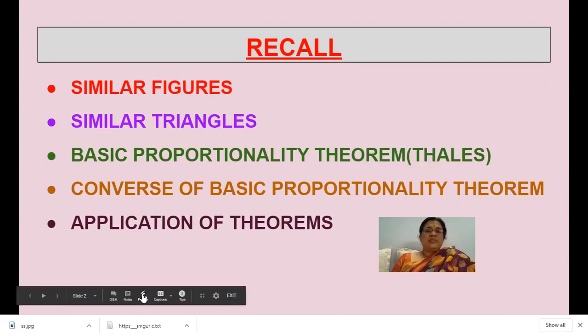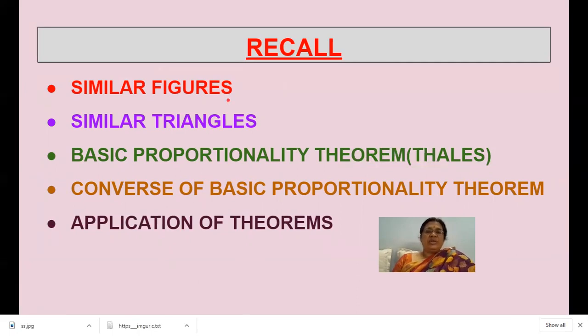I've explained what similar figures and similar triangles are, and about the basic proportionality theorem, its converse, and the application of these theorems in the previous session.